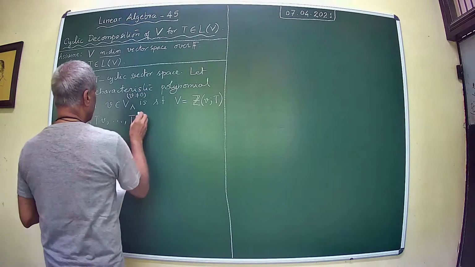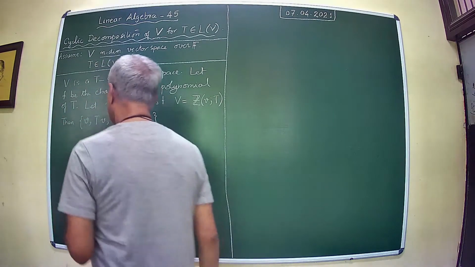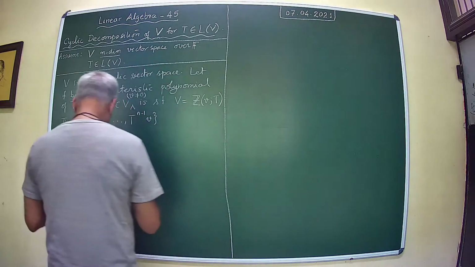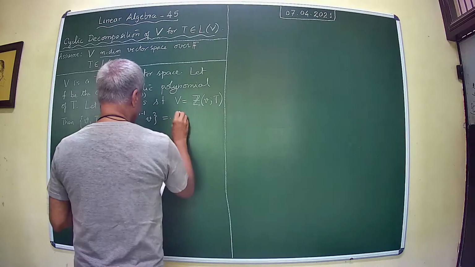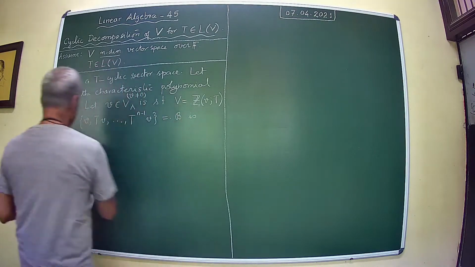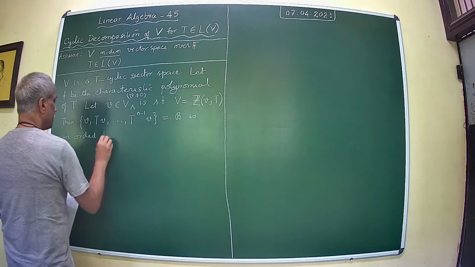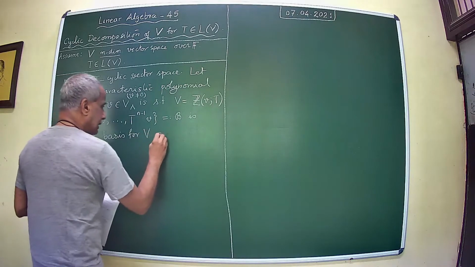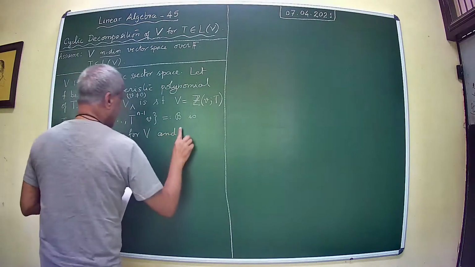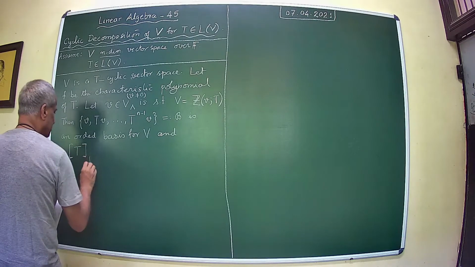E to the power is an ordered basis for V, which let us designate by B. And we go for the representation of T with respect to this ordered basis.